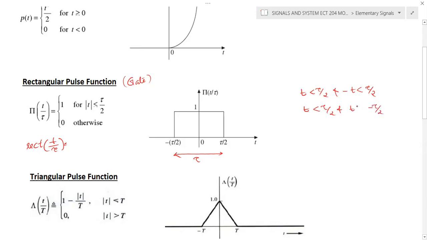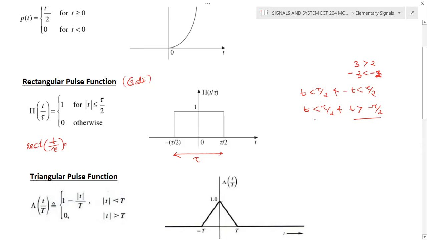So now we need to change the sign, so it becomes t greater than minus tau by 2, because minus 3 is less than minus 2. Okay, so we know that minus 3 is less than minus 2, and if you multiply with minus, it becomes 3 and 2. So then you need to change the sign. So here you can see that it is t greater than minus tau by 2.